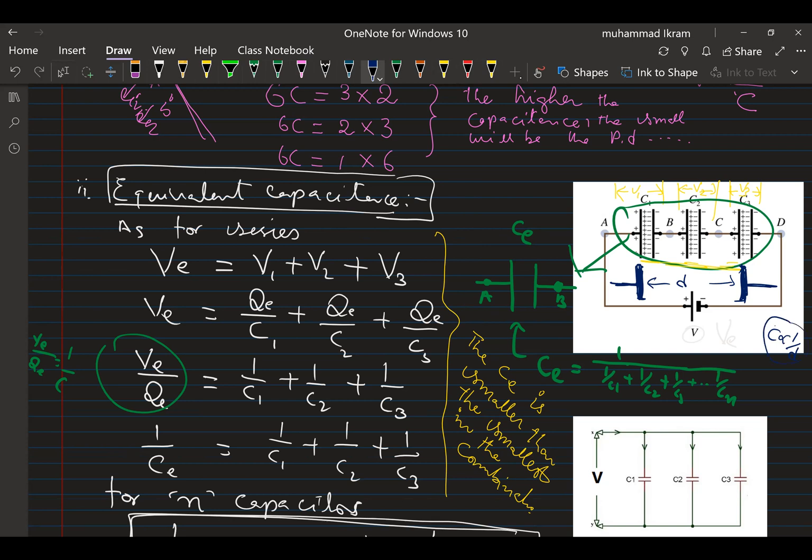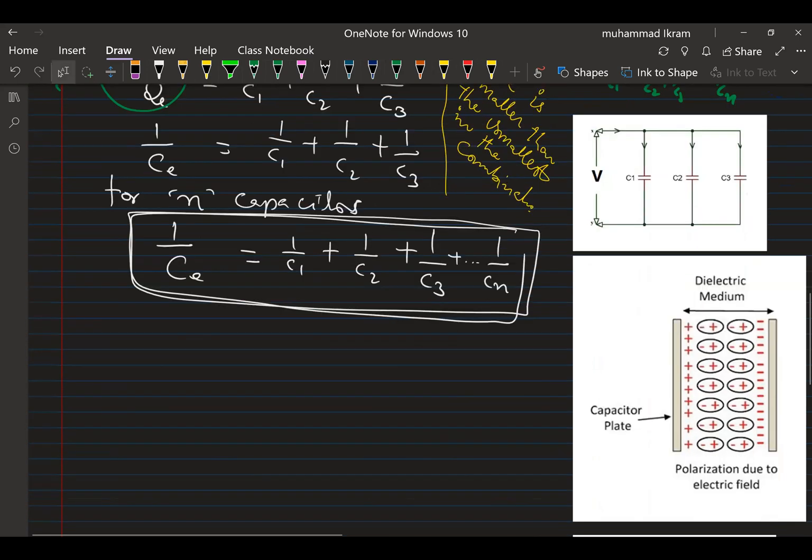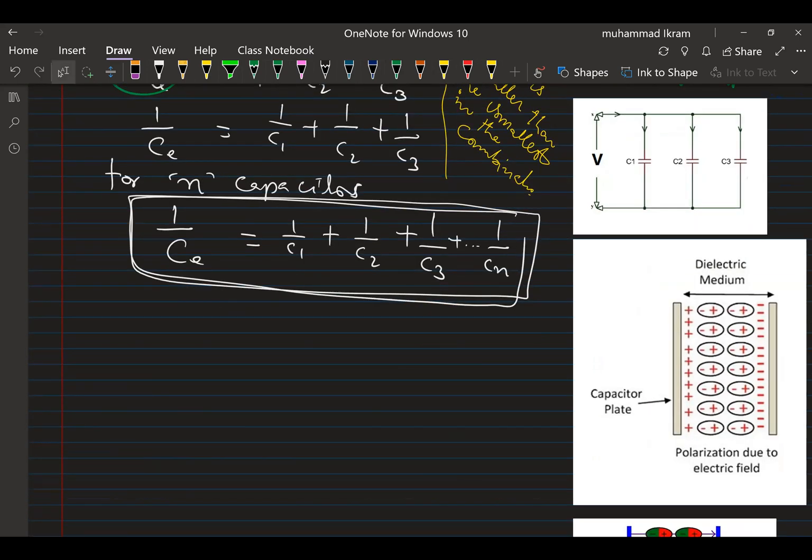So your physics is in good matching with your mathematics. Your C equivalent is smaller because of this effect. That is one of the important results: the equivalent capacitance must be smaller than the smallest capacitor in the combination.